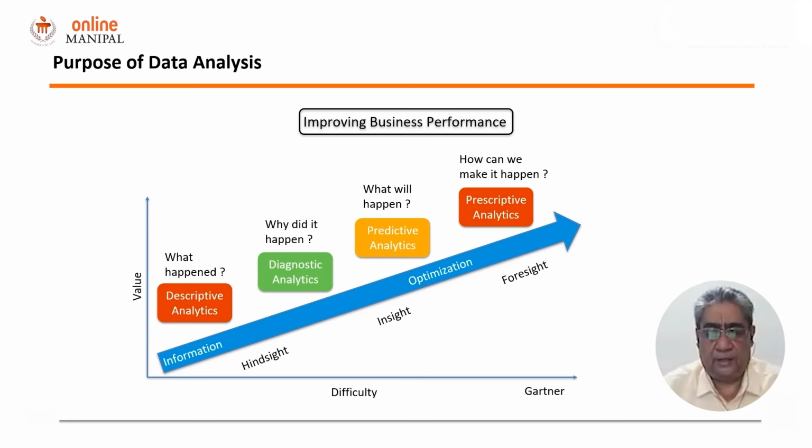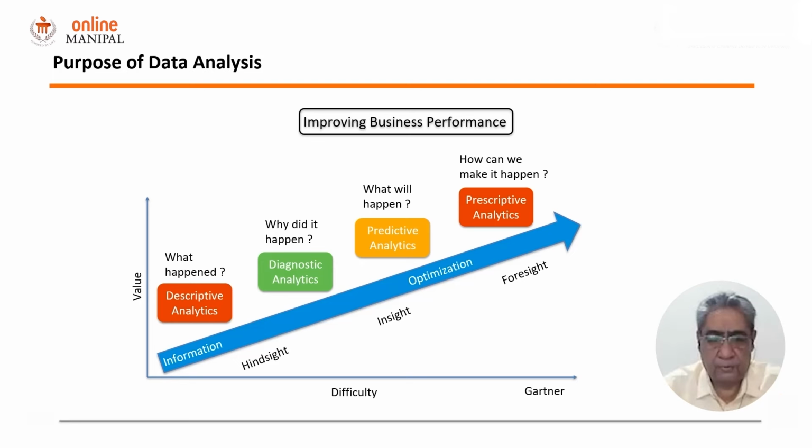From diagnostic analytics, organizations moved into predictive analytics, wherein they are trying to find out what will happen in the future. And the ultimate goal of organizations is to move into the area of prescriptive analytics so that they can sort of control what will happen in the future. So if there's something good that has happened in the past, they definitely need that to happen in the future as well. And they are working on prescriptive analytics models to see how they can make that happen.